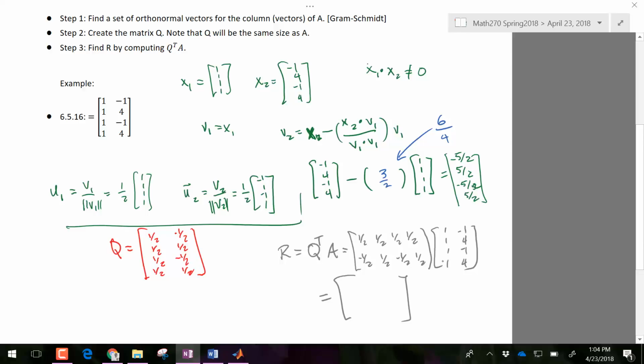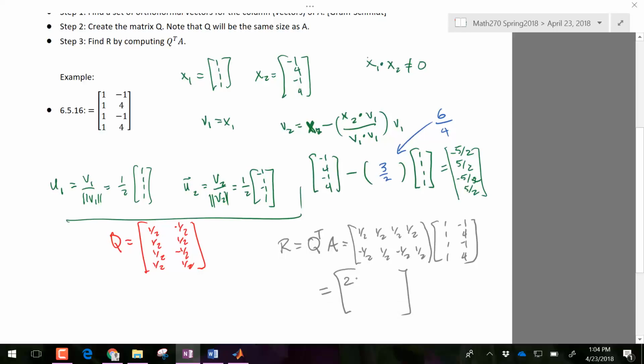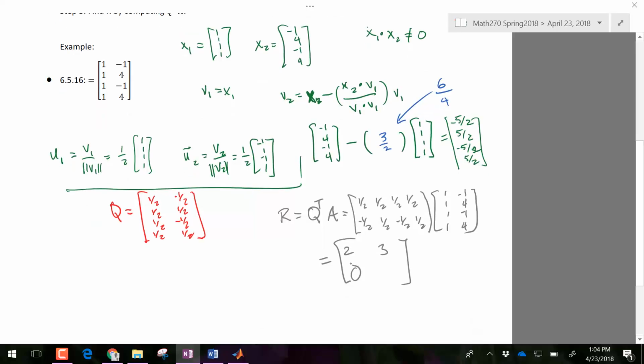So this is just 1/2 being multiplied with all 1s. That's 2, right? And then negative a half, 2, negative a half, 2, positive 3. And then negative 1, negative 1/2, positive 1/2, negative 1/2, positive 1/2, and then positive, positive.